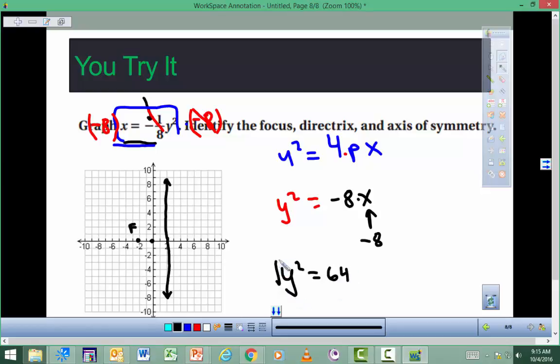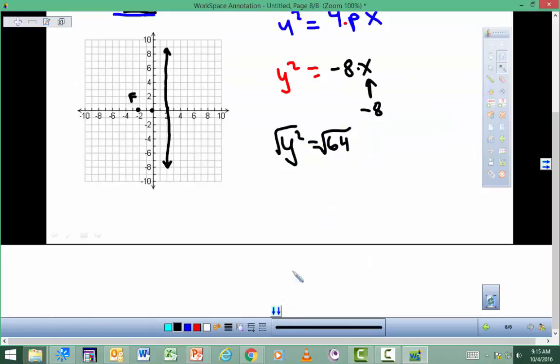Make sense? This gives me y is equal to plus or minus 8. So when x is negative 8, over here, the parabola is at positive 8 and negative 8. So my parabola goes like this.